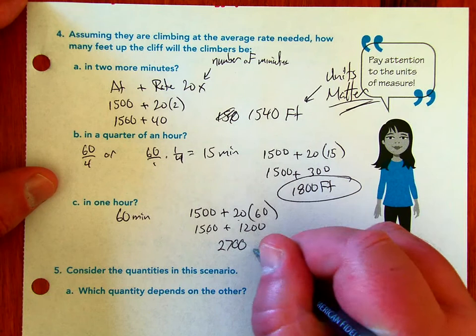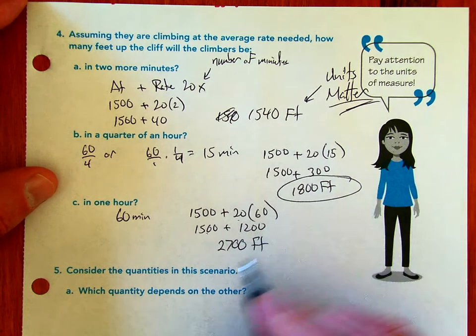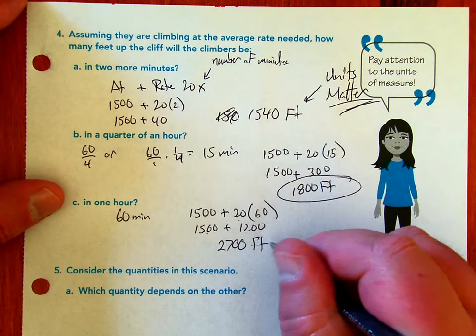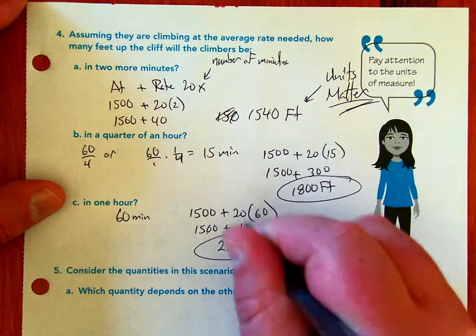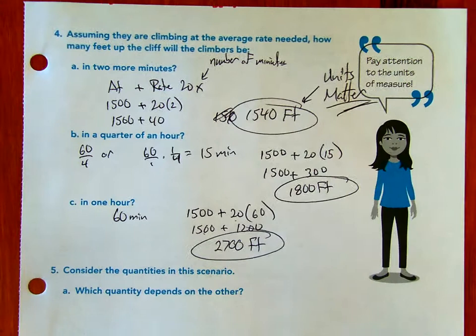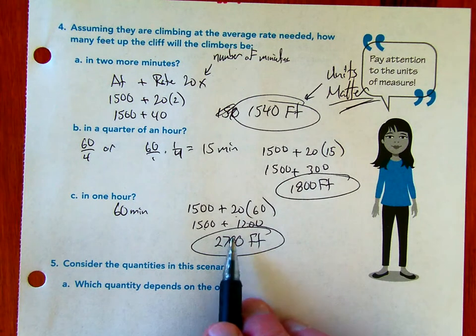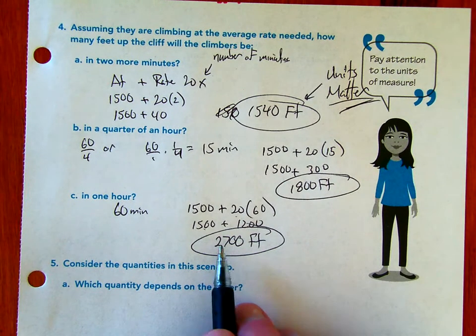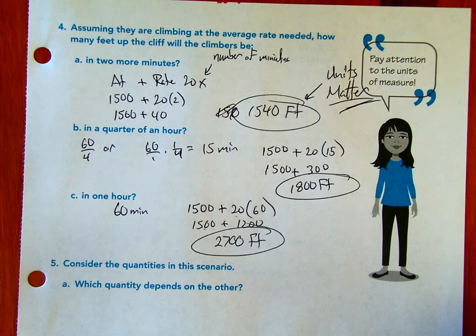So they're getting pretty close to the top. Because again, it's a 3,000-foot cliff. And again, an hour before you arrived at 10:30, they would have been 1,200 feet lower, so they only would have been 300 feet up the face at that time.